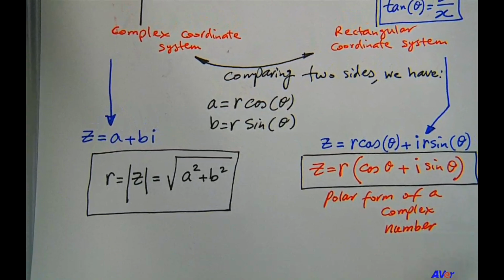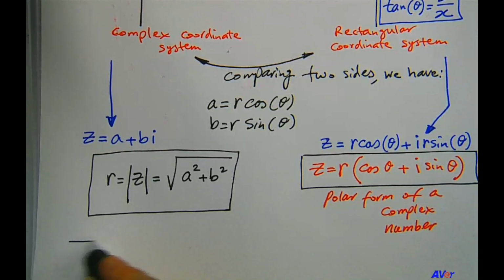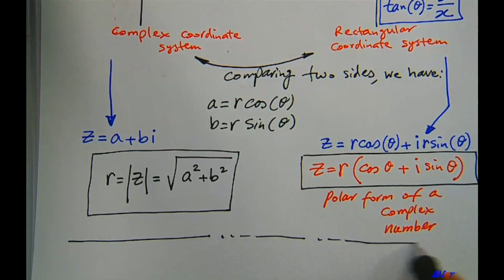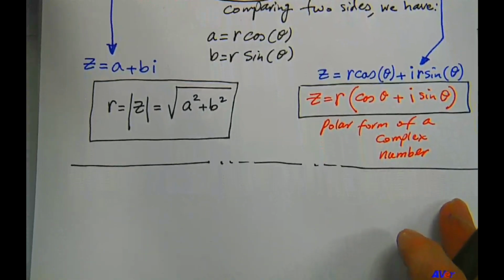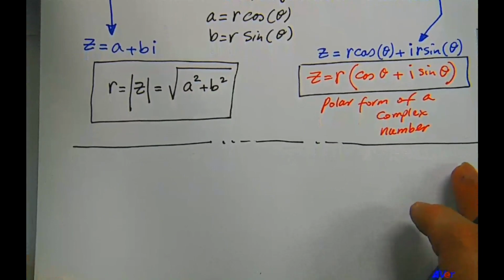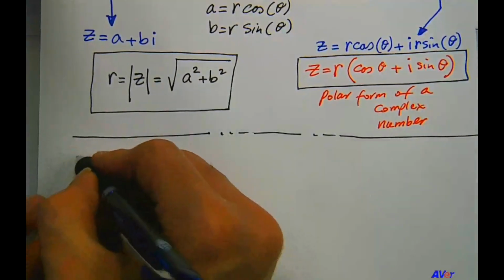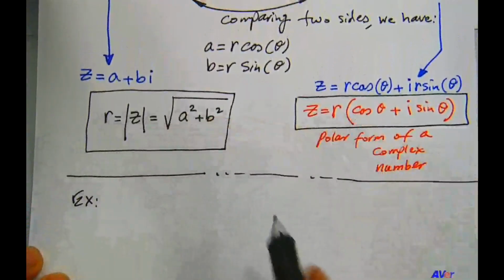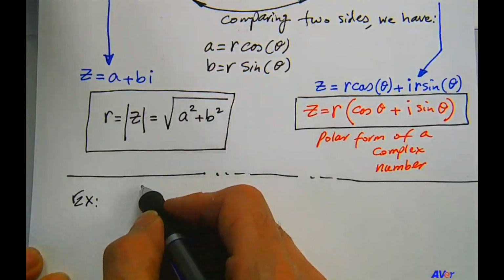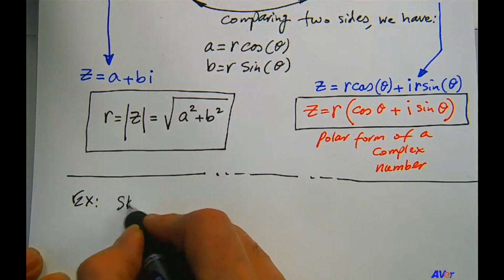But before that, I saw an example in the book, and I wanted to do it just in case you come across it and wonder what this is and how to graph it. I wanted to do one example before we do examples involving the polar form of a complex number. So here's that example.